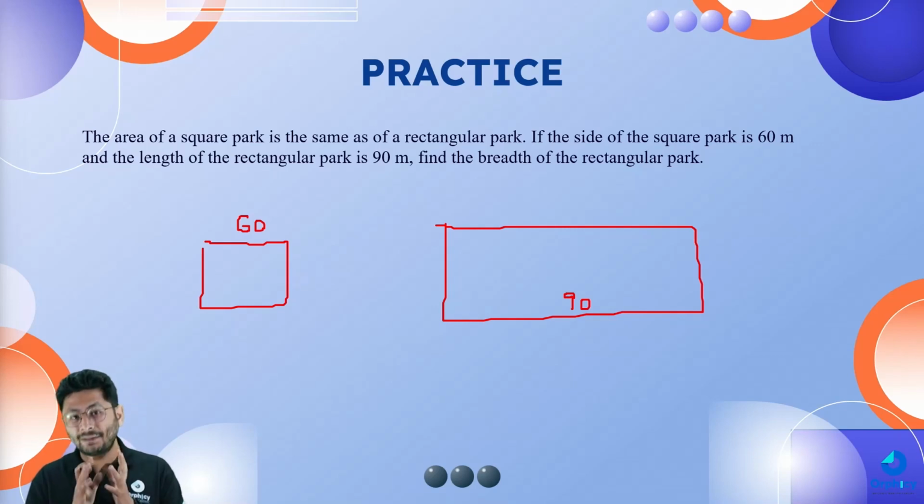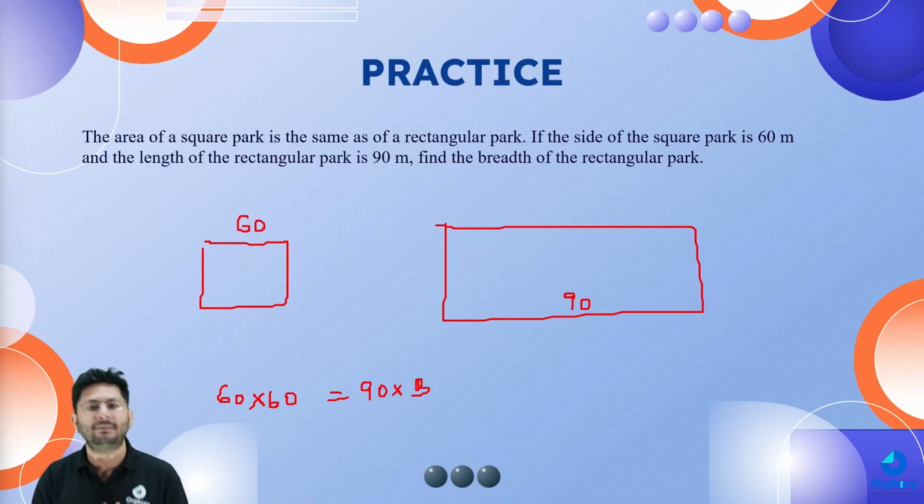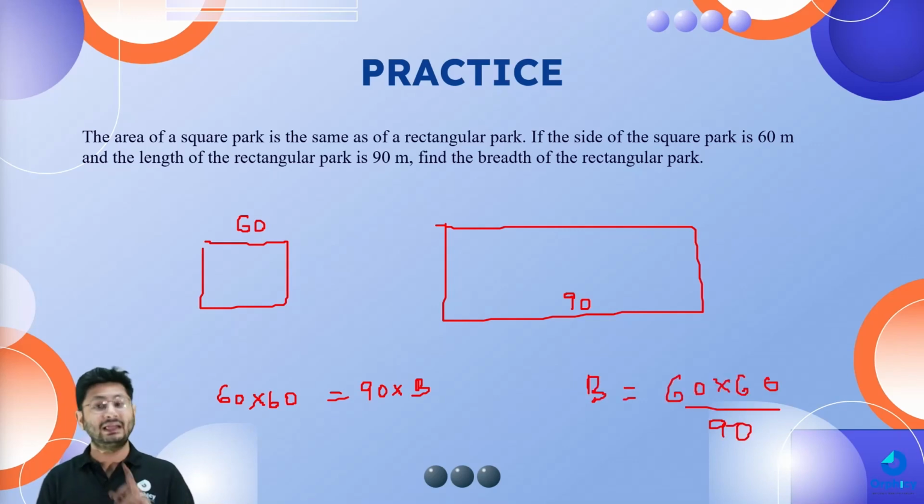I would say कि आप अब easily ये question कर पाएंगे. कैसे? Area of the square would be 60 into 60 and length of the rectangle is equal to 90. Breadth हम b मान लेते हैं, दोनों का एरिया बराबर कर देंगे and your breadth will be equal to 60 into 60 divided by 90. I hope that you are able to do the calculation. Quite a simple one. Great.